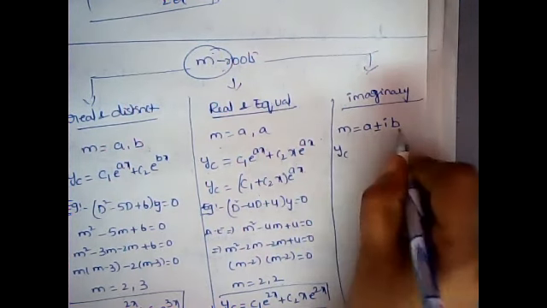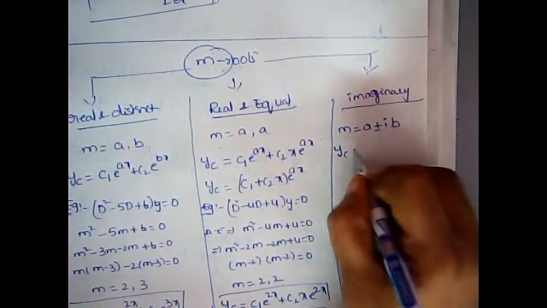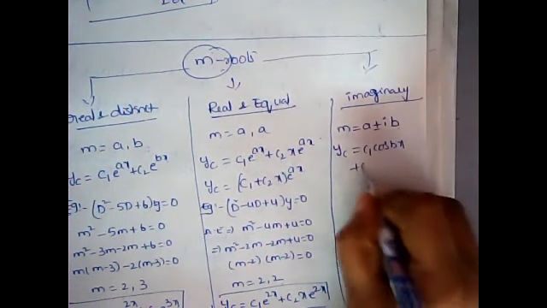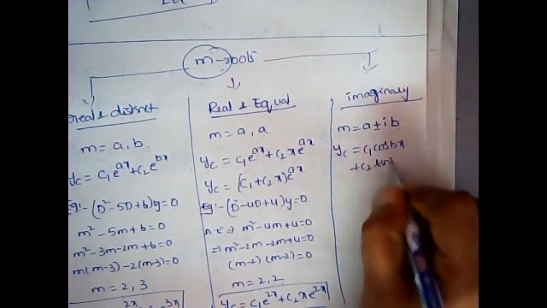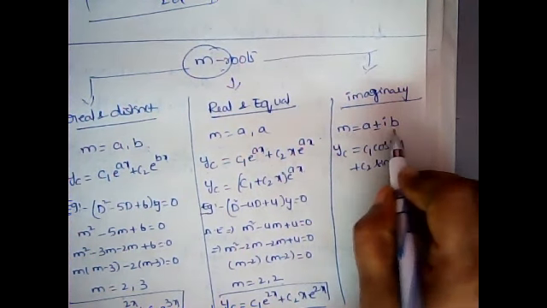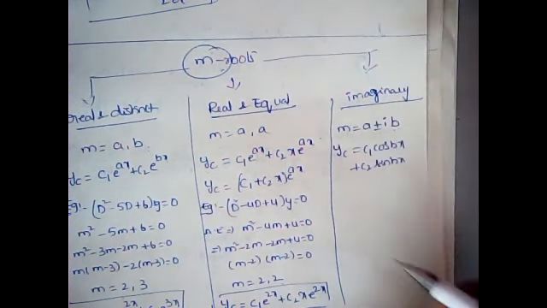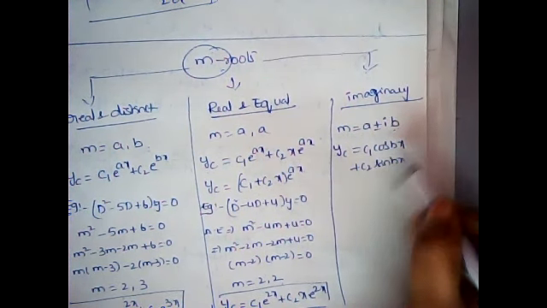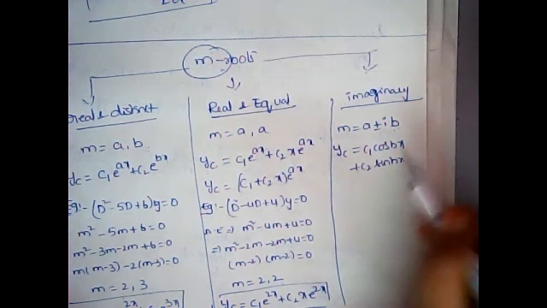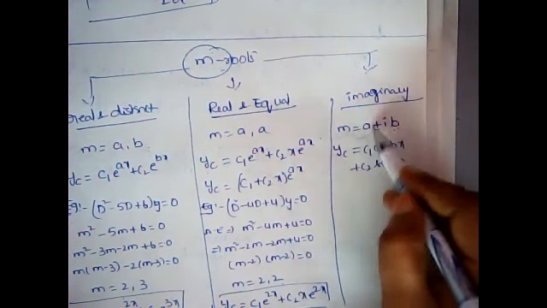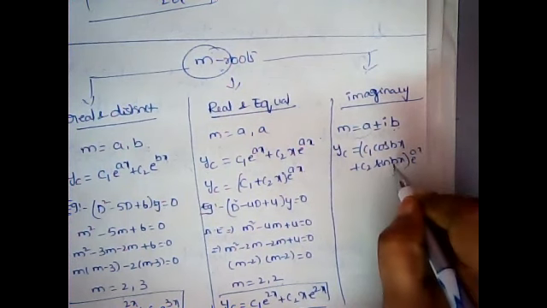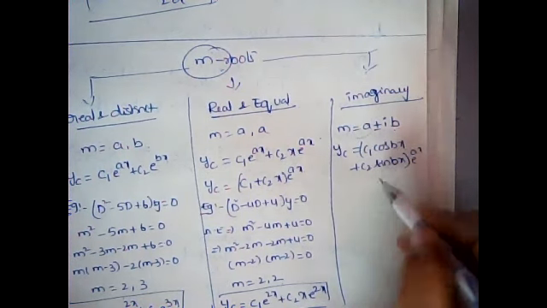This ib will be expanded in the form of cos and sin, which is c1 cos bx + c2 sin bx. The real part goes as a whole multiplied by e^(ax). In this way we need to write.